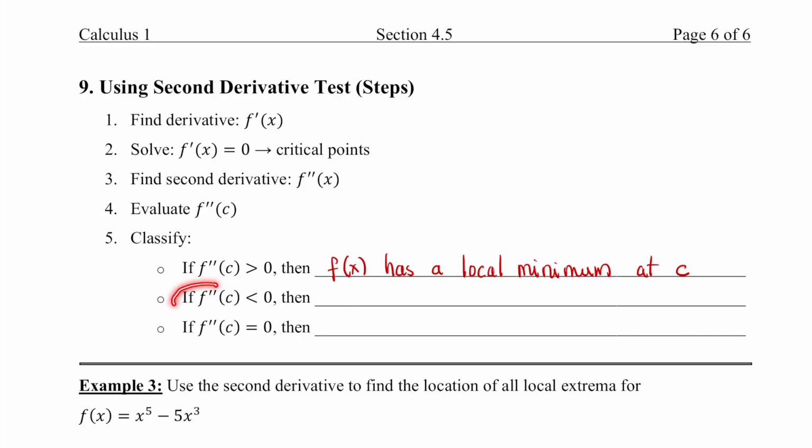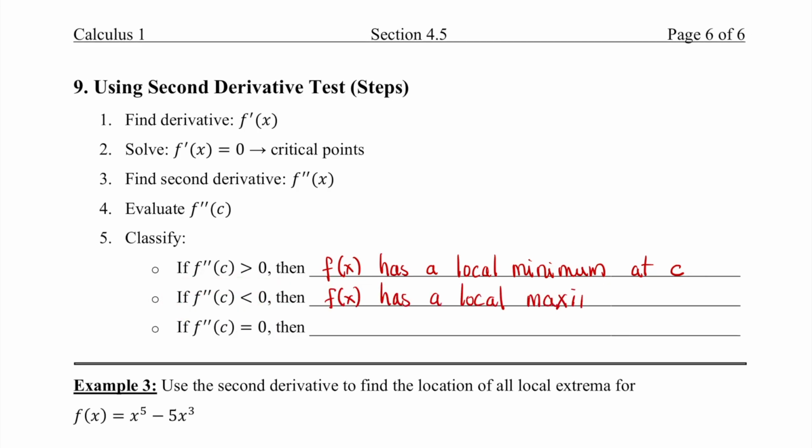If f double prime of c is negative, then the function has a local maximum at c. And if f double prime of c equals 0, then the test is inconclusive. When the test is inconclusive, you need to use another method.